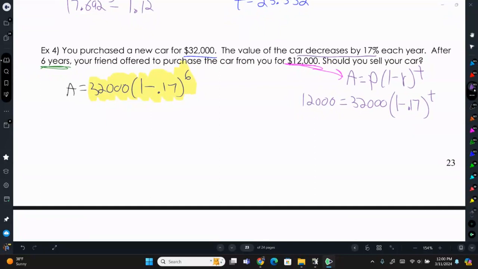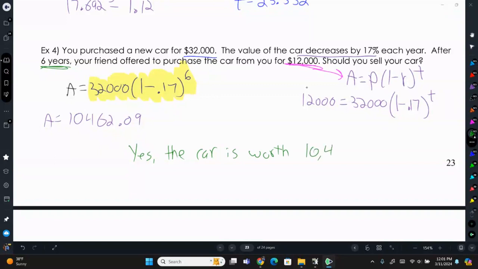I get $10,462.09. So after 6 years, if my friend offers me $12,000, yes, I should take that deal because the car is worth less than that. Yes, the car is worth $10,462.09, so we would be making money.